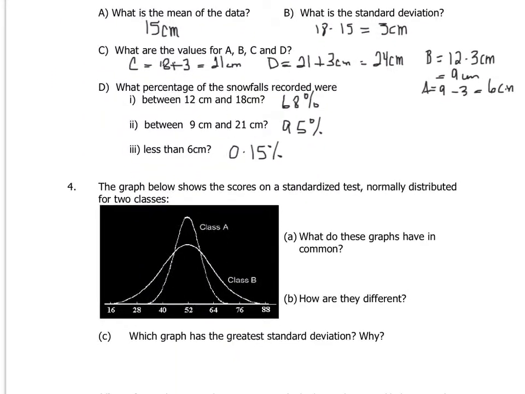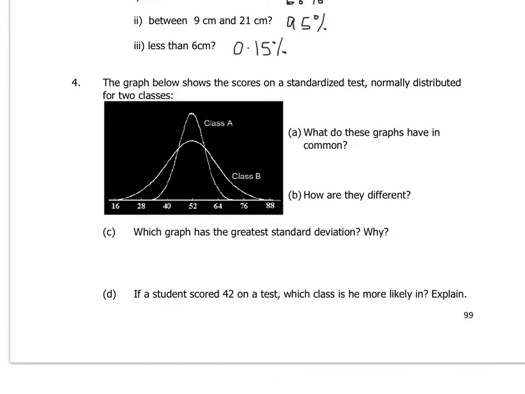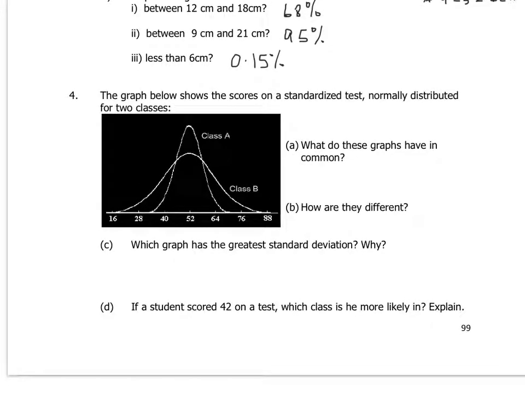Question number 4 shows the scores on a standardized test normally distributed for 2 classes. What do these graphs have in common?